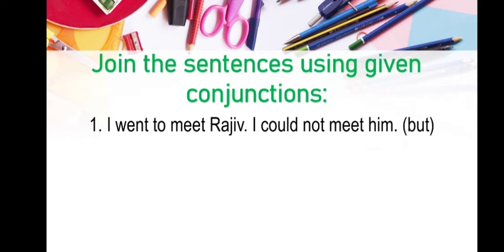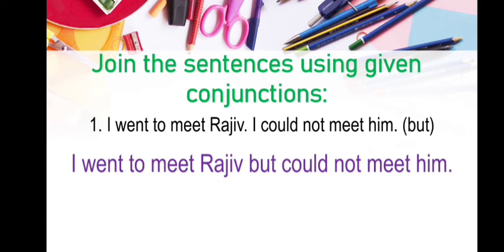The conjunction given is but, and you know that a conjunction always comes between the words or sentences that it joins. So the answer is I went to meet Rajiv but could not meet him. I have removed I because I is already given in the front of the sentence. That's why after but there is no need to write I again.